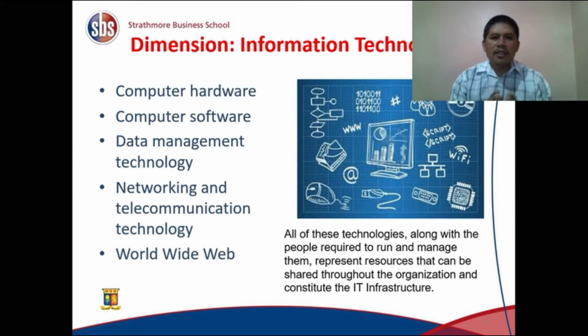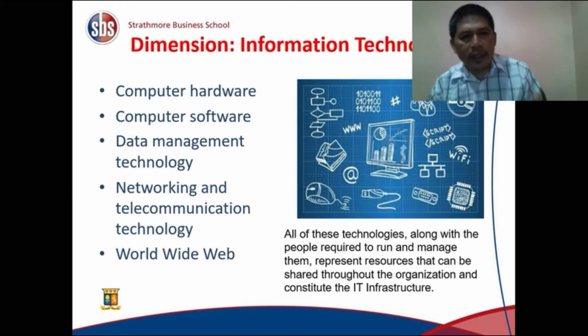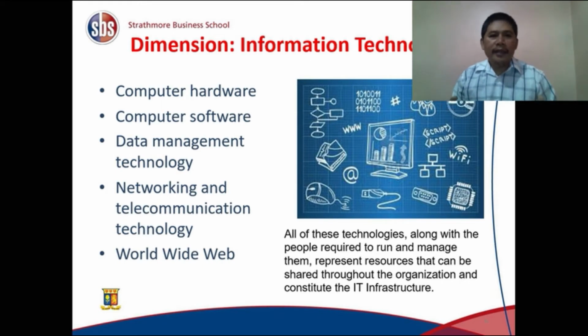Because for information systems to help managers in controlling the operation of the organization and in making decisions, we have to put in place first our ICT infrastructure. And in that aspect, we need to understand also computer hardware, computer software, data management technology, networking and telecommunication technology, including the internet or the World Wide Web.